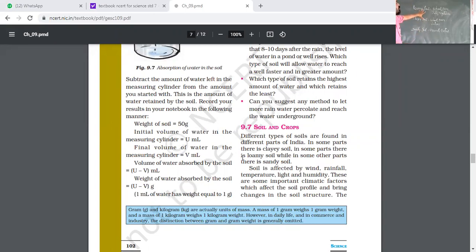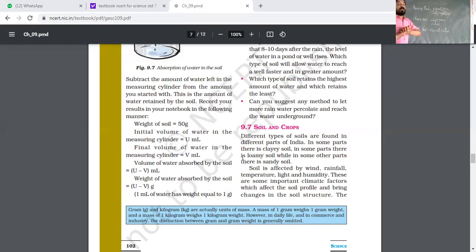See, in the loamy soil, what do you get? The wheat, gram, jute, vegetables. These are the crops. In clay soil, what do you get? Wheat, gram, pulses. And sandy soil, that is coconut and cactus.